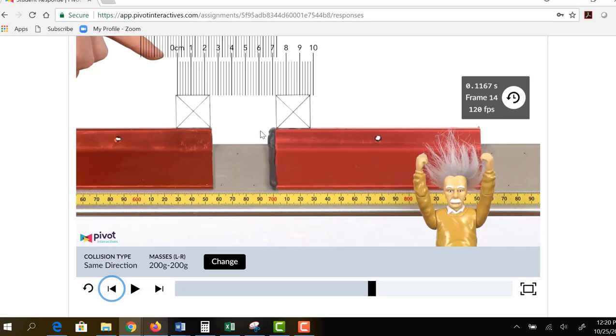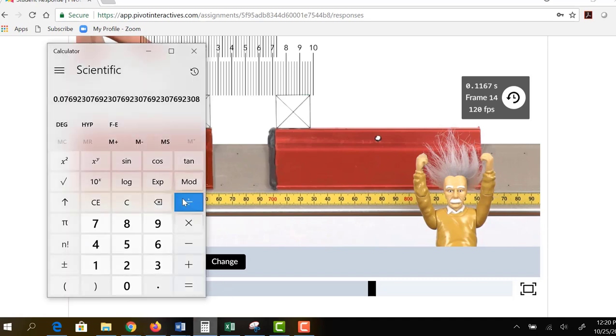But I think I'm just going to go with 0.025 meters in 0.1167 seconds. And let's see what that speed would be. So that's the leftmost glider. All right, let me actually calculate this.